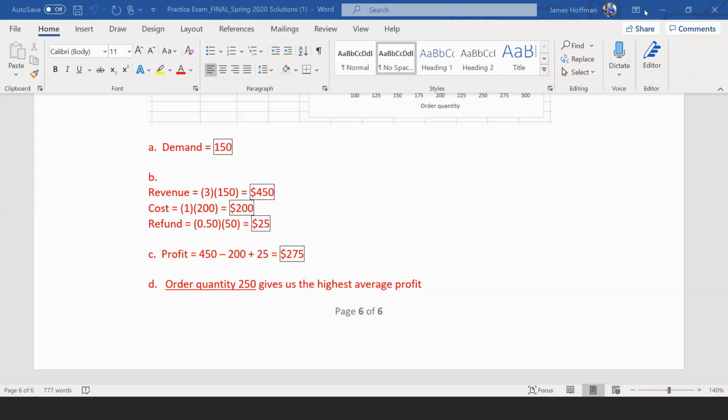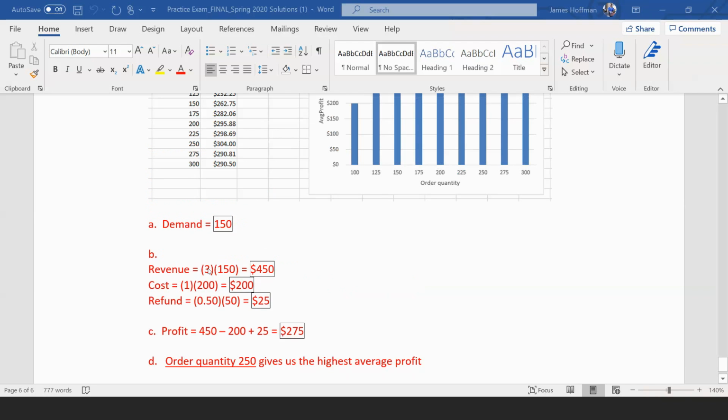Okay, why is revenue not 200 times 3? Oh, because you ordered 200, right? But demand was only 150.